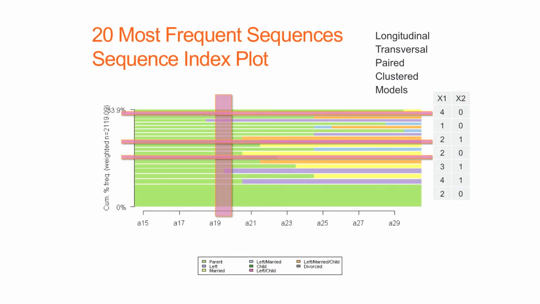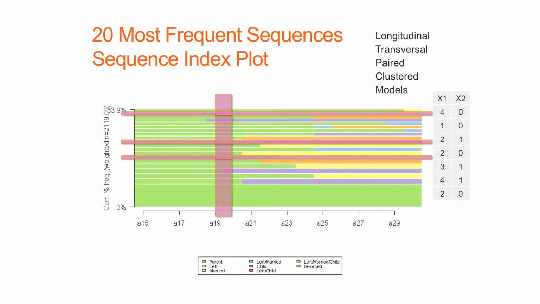Okay, now we're starting to get into the pictures, and I hope this might clarify some things. So we have a sequence index plot of the 20 most frequent sequences in the data set out of the 2,000 people. This is the bread and butter of sequence analysis, especially in Mine, but Stata does it too.